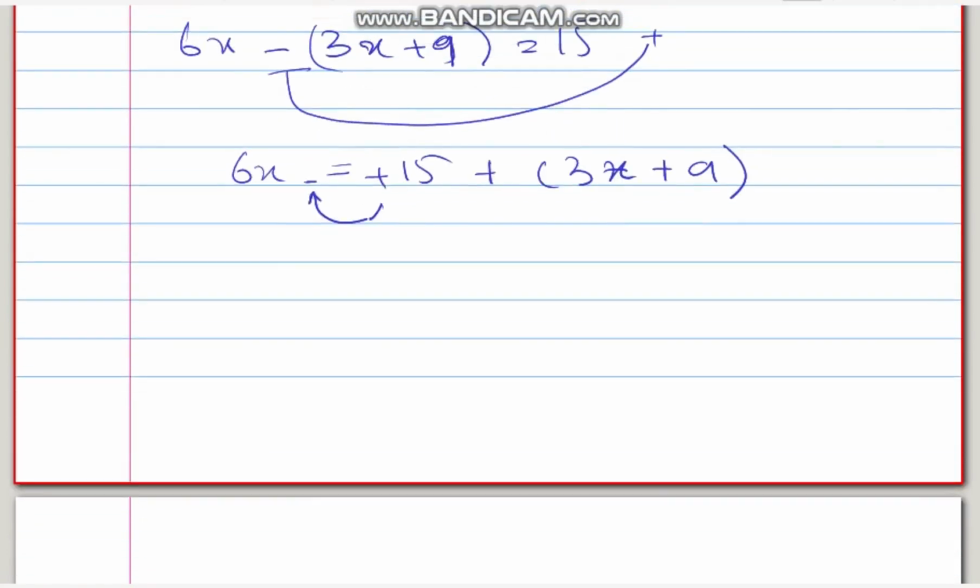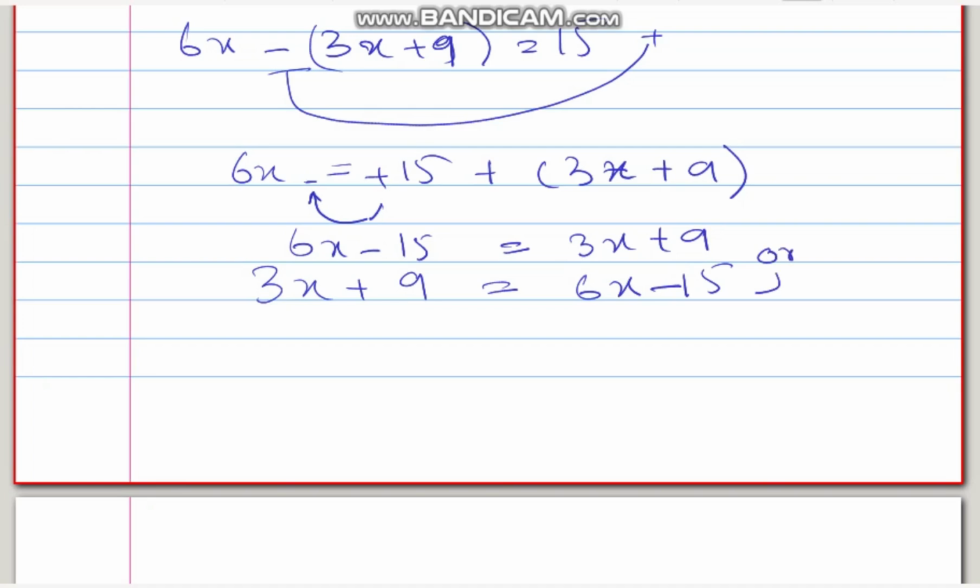I will get 3x plus 9 is equal to 6x minus 15. I can write it either way, no matter, it's an easy thing. It will become 3x plus 9 is equal to 6x minus 15.